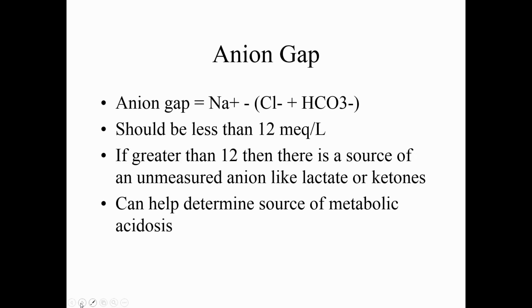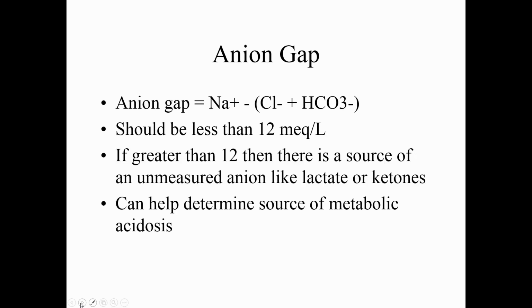The short version is the anion gap is calculated using typically measured ions. We can make predictions about unmeasured ions, so sulfates and phosphates and those kinds of things, and calcium and magnesium and potassium.